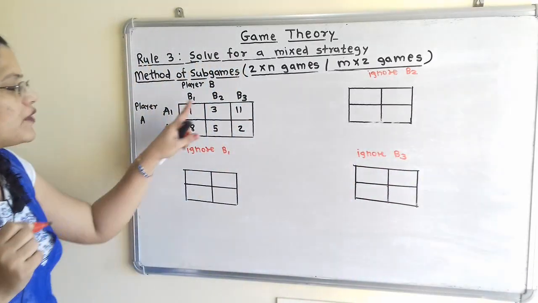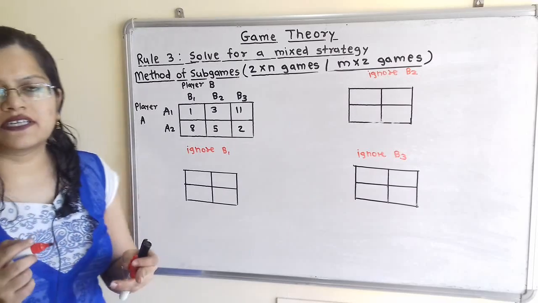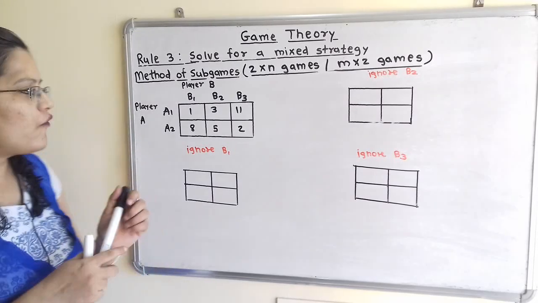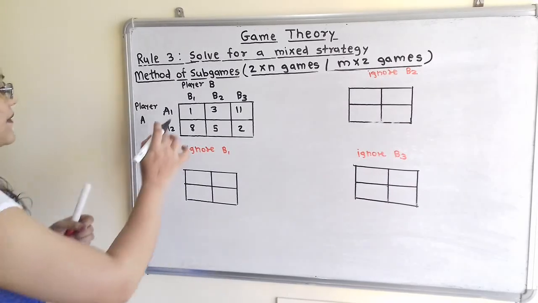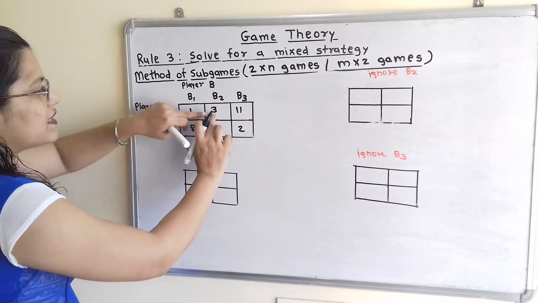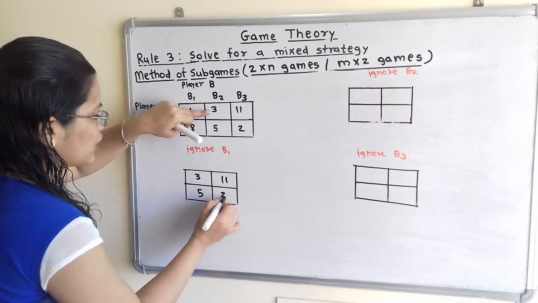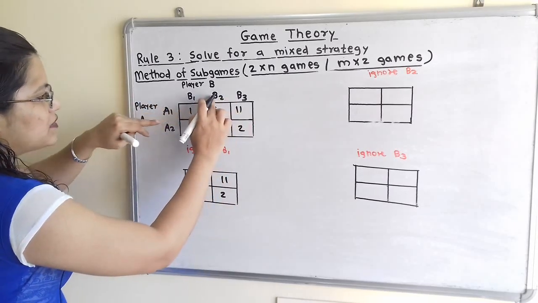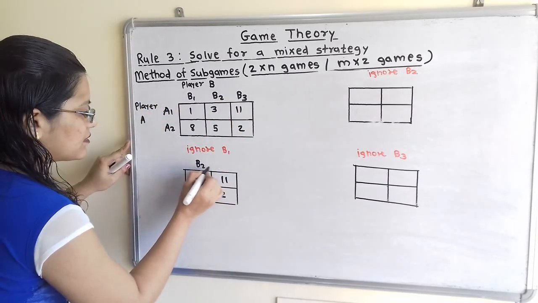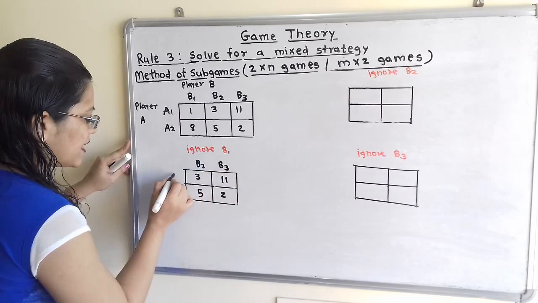In this way we have to convert this matrix into 2 by 2 game. So how will we write this? Now here B1 is ignored, so we will write the other elements 3, 11 and 5, 2, with B2, B3 and A1, A2.